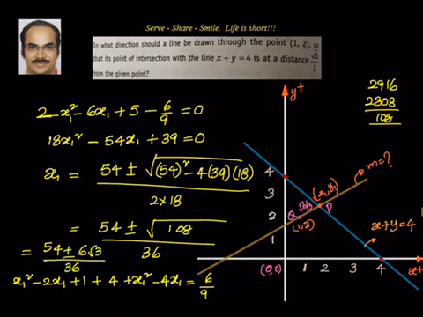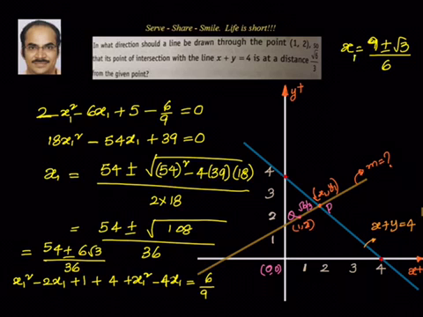So can I write down here that x is equal to 6 9s are 54. So can I say 9 plus or minus root 3 divided by 6. So x1 is equal to 9 plus or minus root 3 by 6.